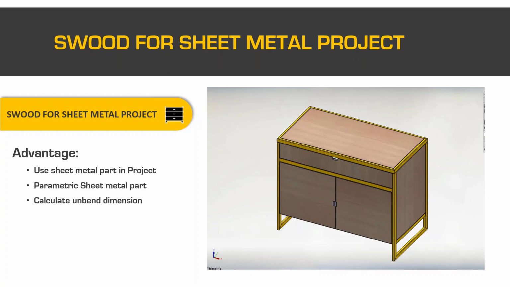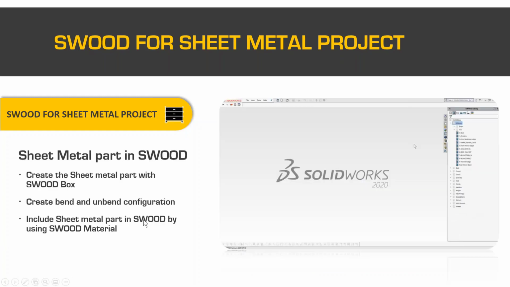Okay, now let us see what we can do. The first step, we will create some component inside of SWOOD box. We will create one SWOOD box component with some sheet metal part inside.